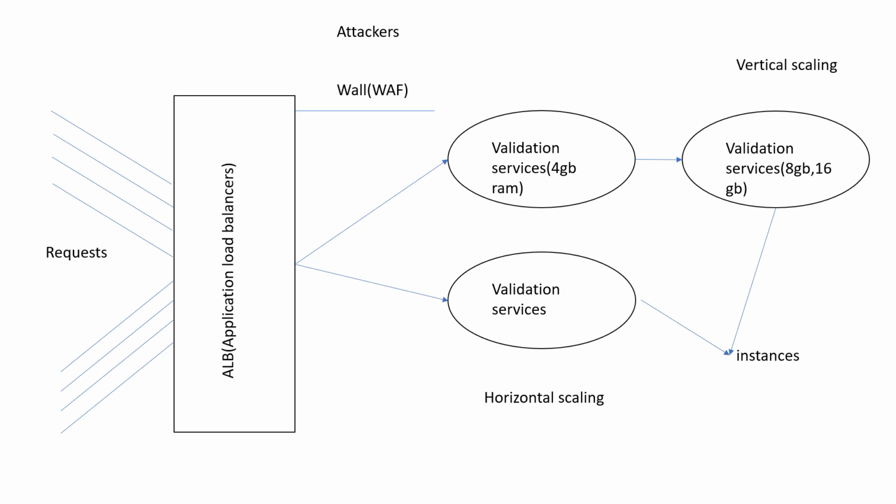Now what it will do, all the requests that are coming will first go to the ALB, that is the application load balancer. After that, the request will go to the validation service.